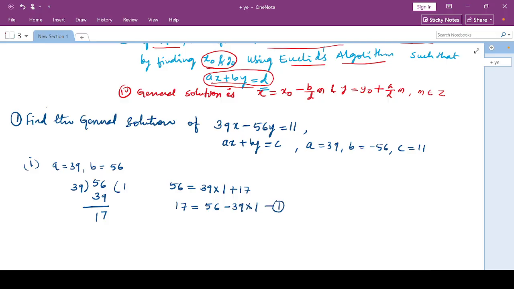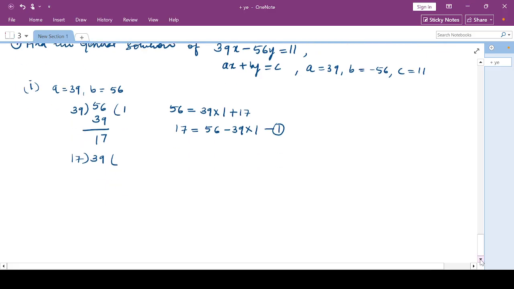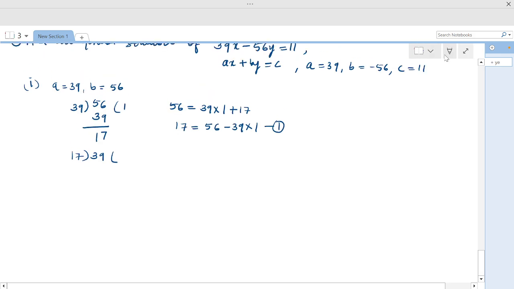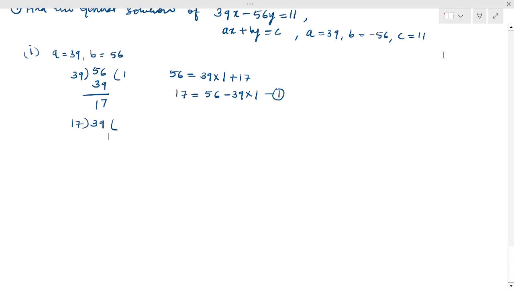Call it as 1. Next, divide 39 by 17. 17 twos are 34.